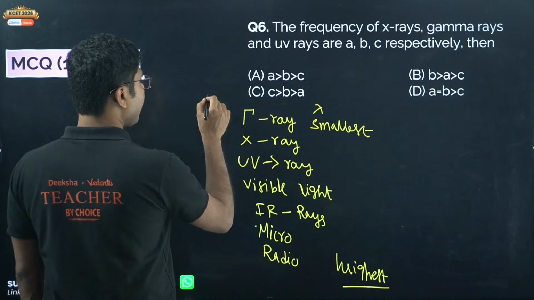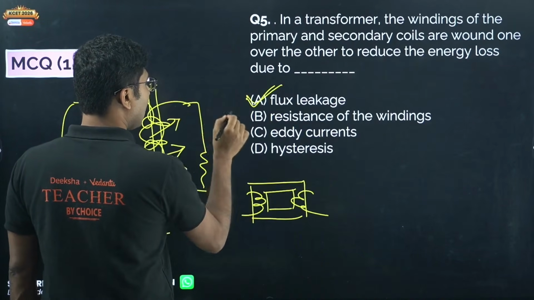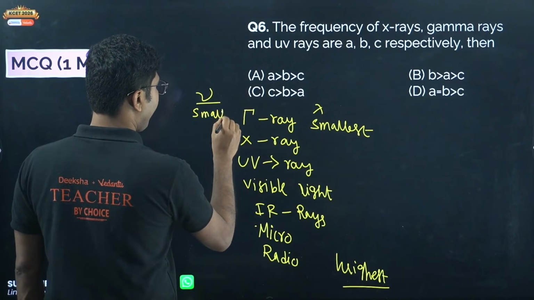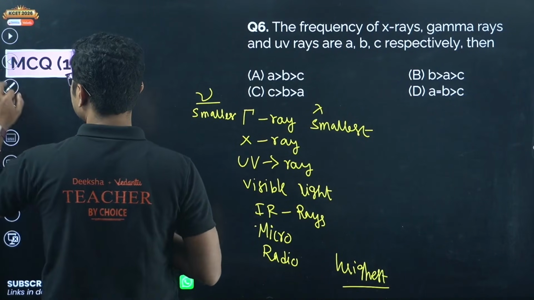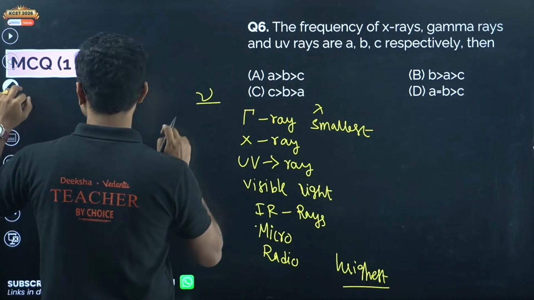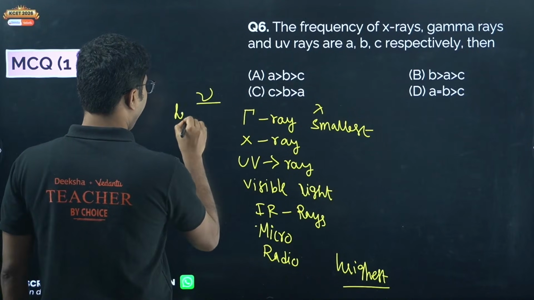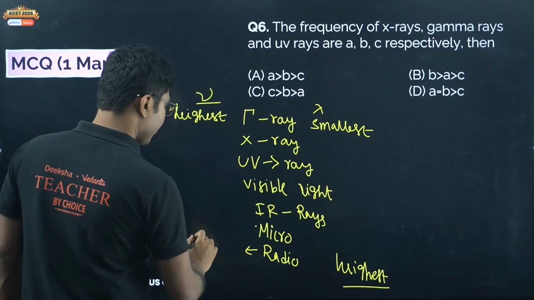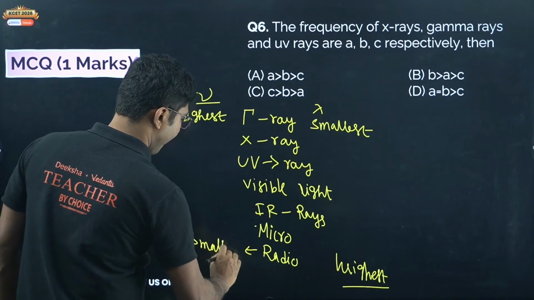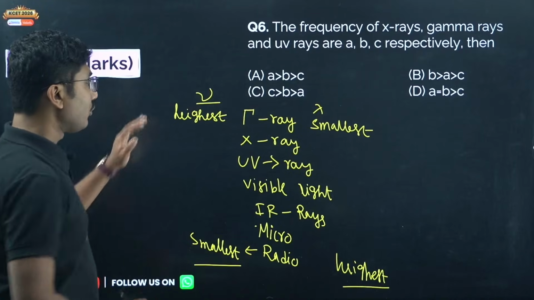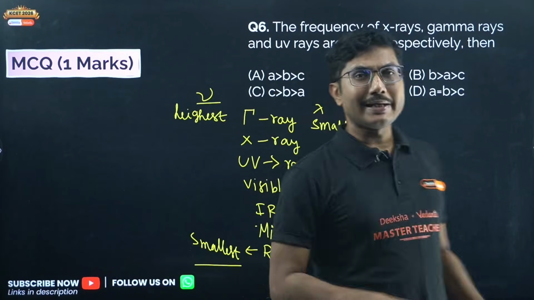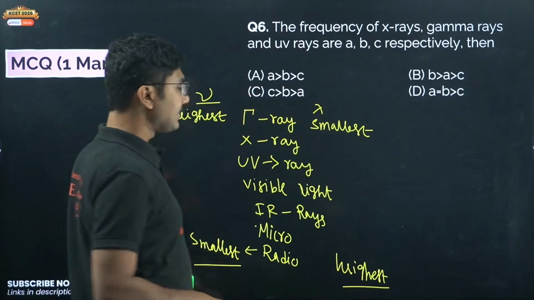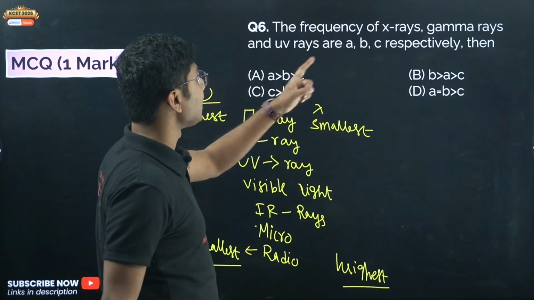But in case of frequency, gamma ray has the highest, and radio has the smallest. So this is the relationship you have to remember, anything else is falling in between according to the order. So this is the order of wavelength, and they are asking you in terms of frequency.